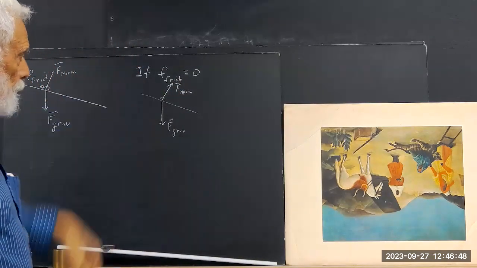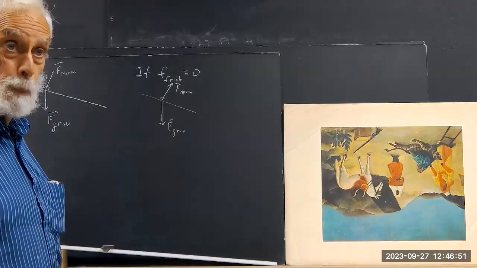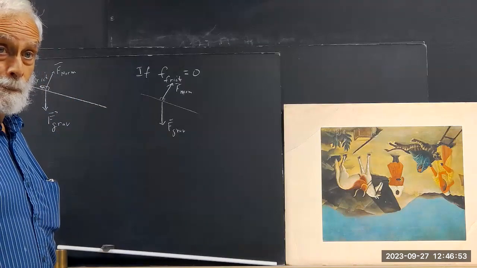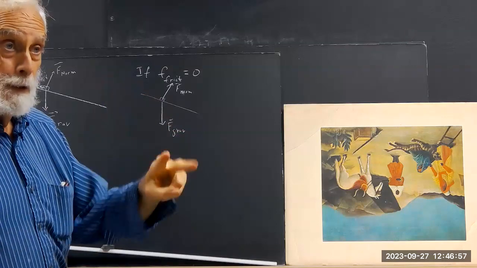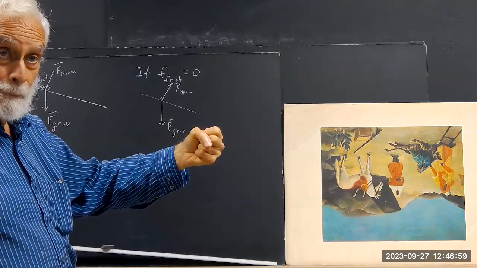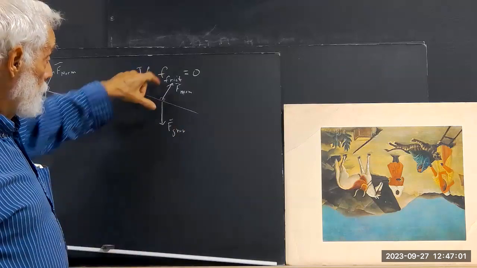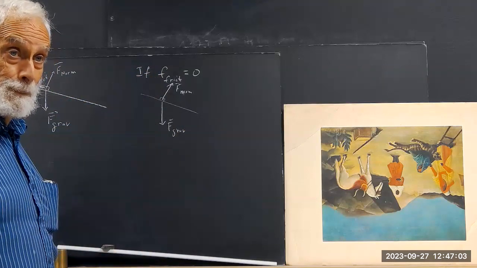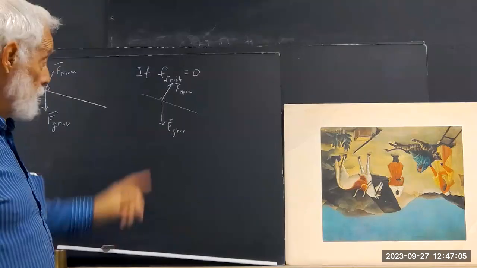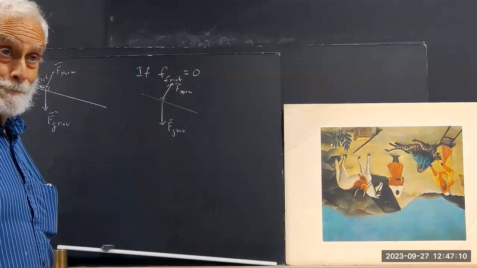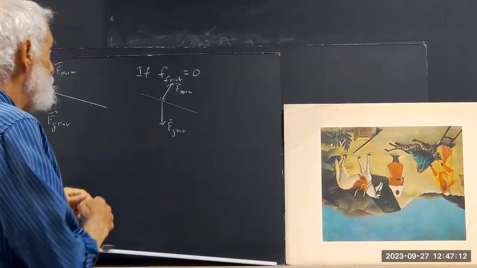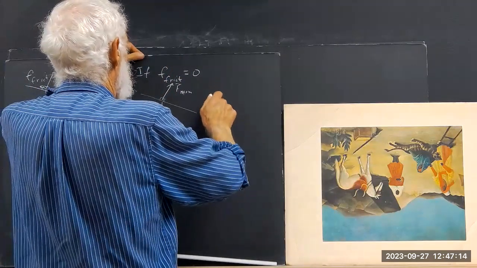So is there any way to put these vectors together head to tail so the result won't be zero? The only way you put two vectors together to get zero is if they're equal and opposite. Okay, they might be equal in magnitude, but they're certainly not opposite if the normal force isn't vertical.